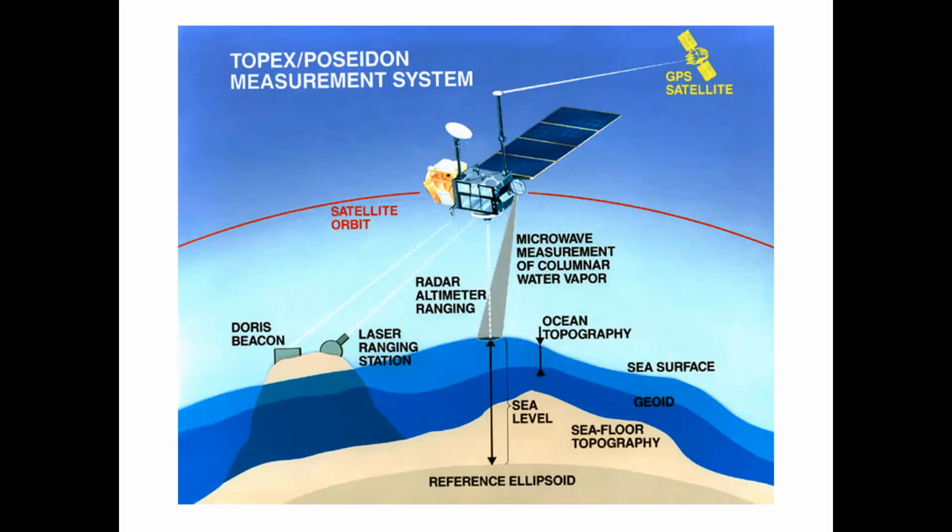So the delay between the reflected signal received on board and the transmitted signal provided the altitude of the spacecraft with respect to the sea.